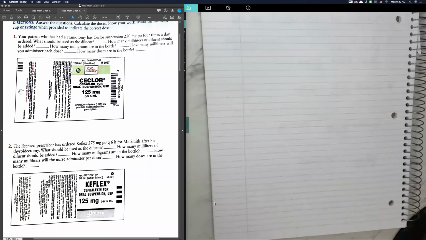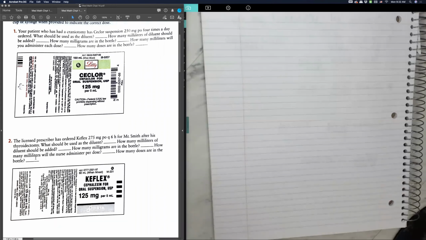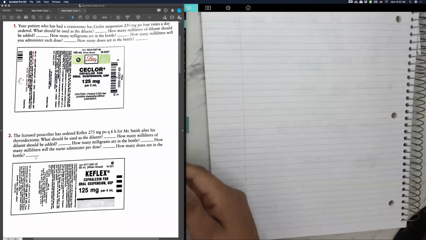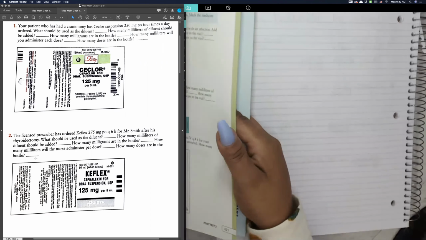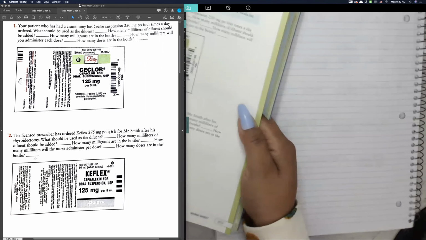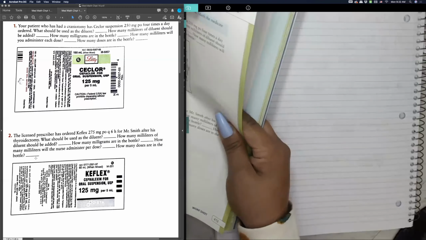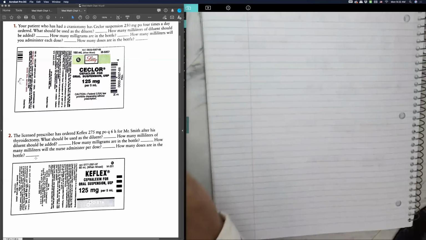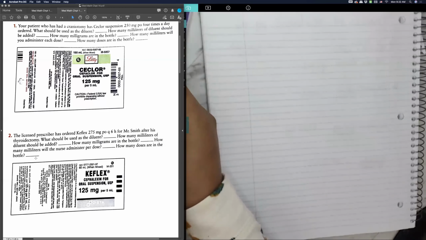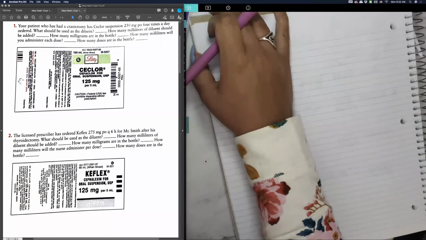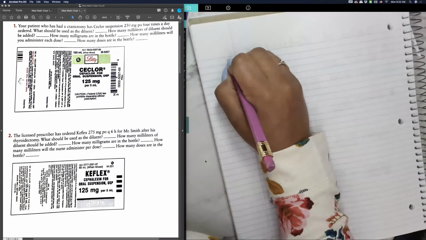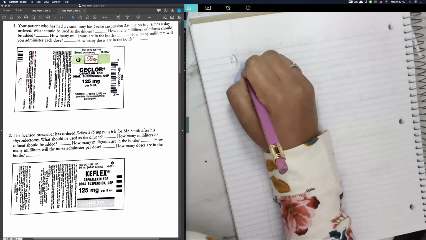Before we even get into all of this, let's read the label. Directions for mixing: add 36 milliliters of water. So what am I adding?